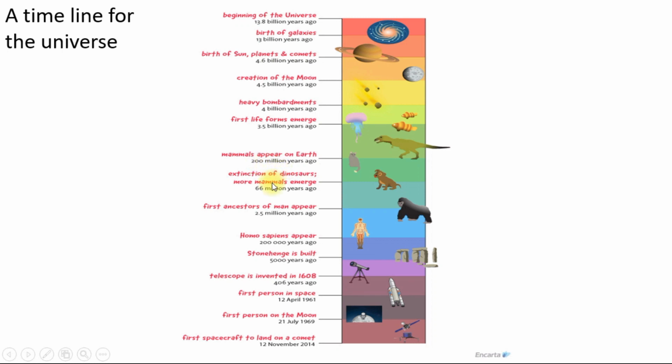Then the extinction of the dinosaurs took place at about 66 million years ago. Our first ancestors, the apes, appeared at about 2.5 million years ago, and then Homo sapiens, which is man, appeared at about 200,000 years ago, and so on.